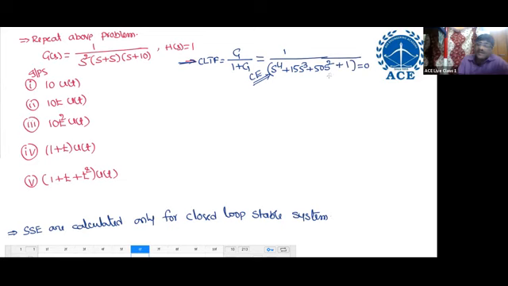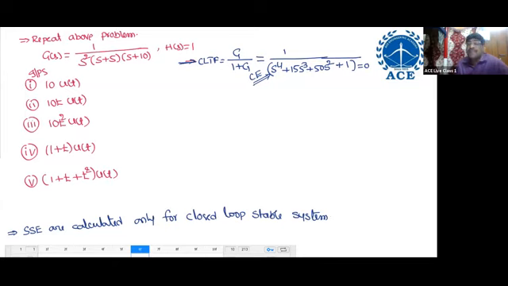In RH criteria, which comes as the next topic, there is a necessary condition: the characteristic equation should consist of all the coefficients, and all the coefficients should have the same sign. If any coefficient is missing, we can blindly say it is not a stable system.